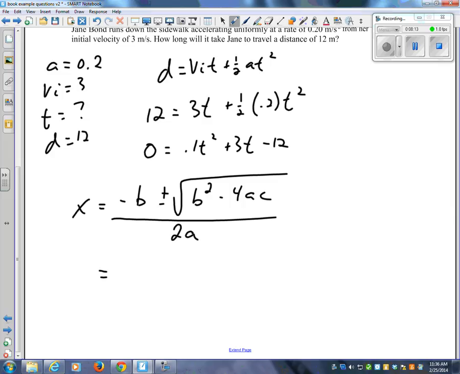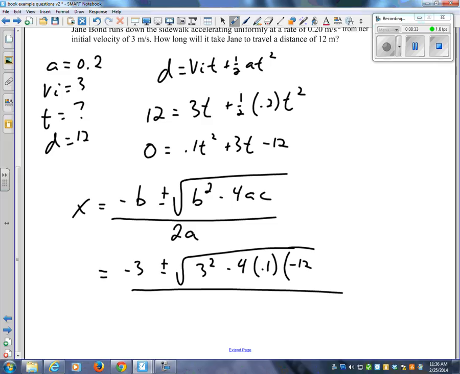Minus b is going to be minus 3 plus or minus square root. B squared is 3 squared minus 4 times a, in this case, is 0.1. The c value is minus 12, all over 2a, 2 times 0.1.